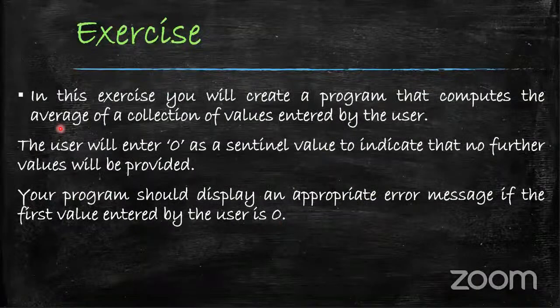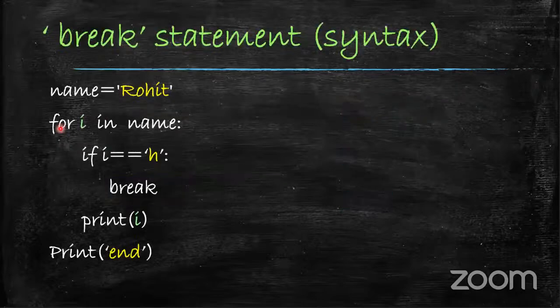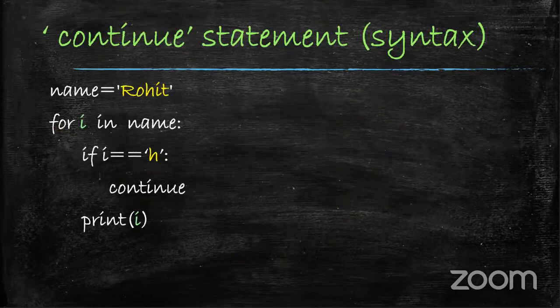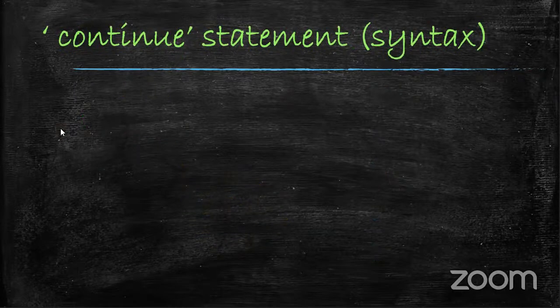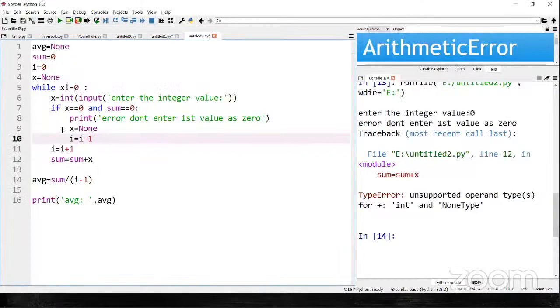So, I have one query. Just go to that program once again. In the program, here we have to give an input, right? It asks us to enter the integer value.